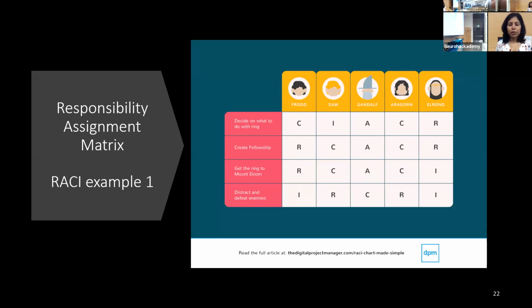And the personas are the different players, Frodo, Sam, and so on. And you can see in each cell against each task, who's being consulted, who's responsible, who's accountable, and who's being informed, right? For those who know the series well, does that look correct?